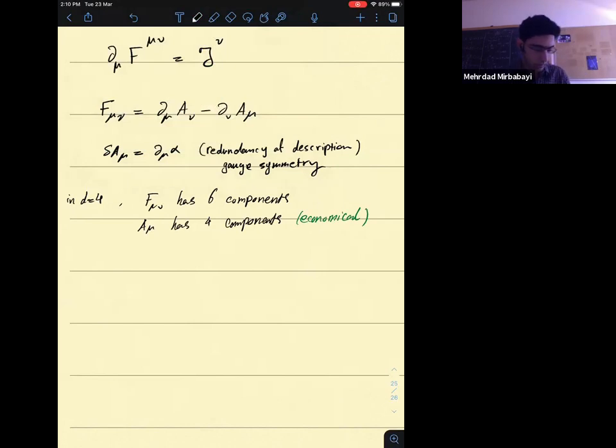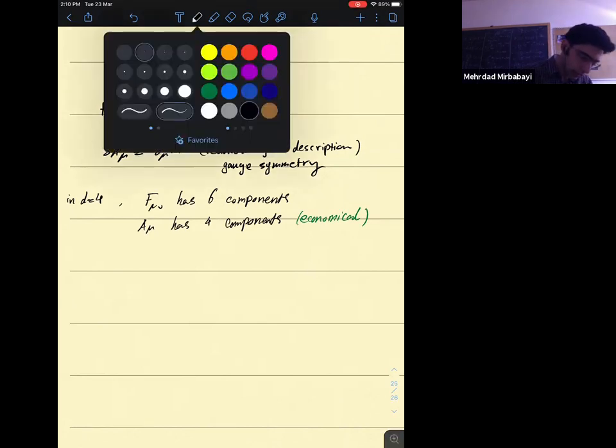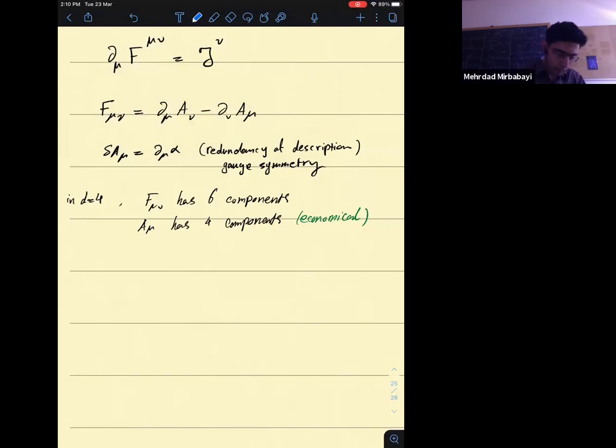However, it's not just a matter of being economical to use the A_μ field. It's actually more important to switch to this language in terms of the vector potential. We can see an example of that if we consider the following experiment.